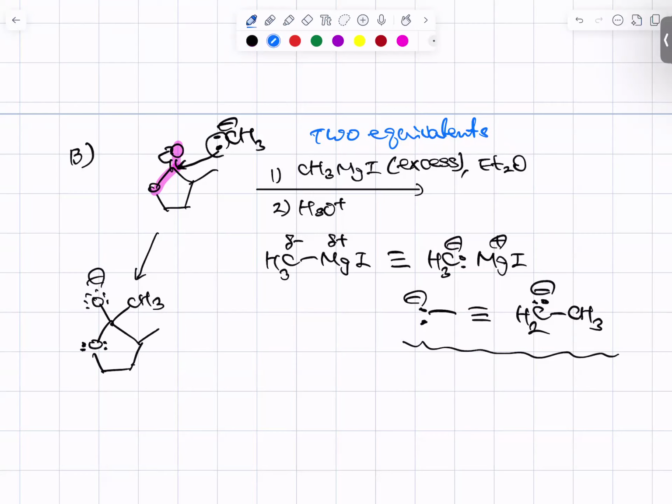Here, carbonyl is regenerated, and methyl right there, oxide ion, negative charge. Okay, and here we have an excess amount of Grignard reagent, then this Grignard reagent will be even more reactive in reaction, so it will be forming the product.